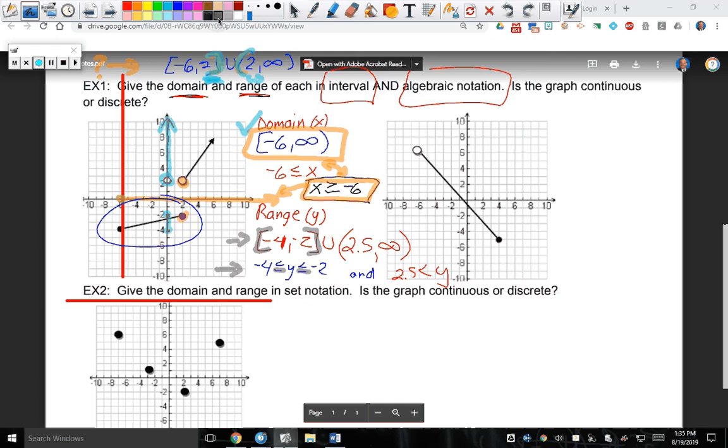So 2.5 is less than y because we don't have this equal to here. It's just less than. Anyone else, what's probably the preferred way I would want you to write this on a quiz or whatever? Y is greater than 2.5. This is the way I prefer it. So that's interval notation. That's algebraic notation.